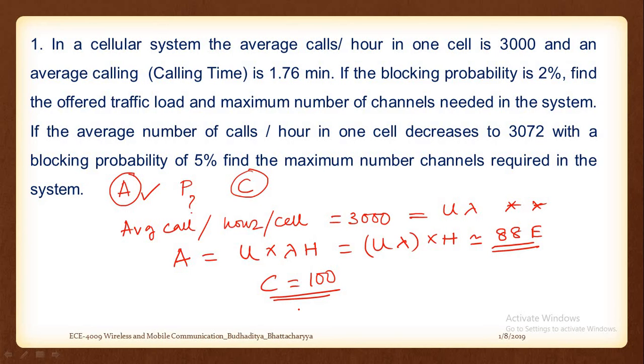Naturally you will have a different set of values. So can you do it for 3072? Do the same way. Now the number of calls has increased, but we are keeping the call blocking probability as 2%.